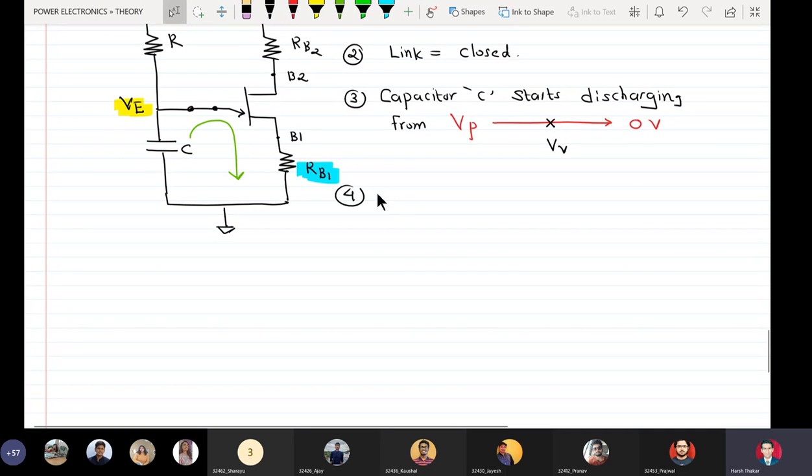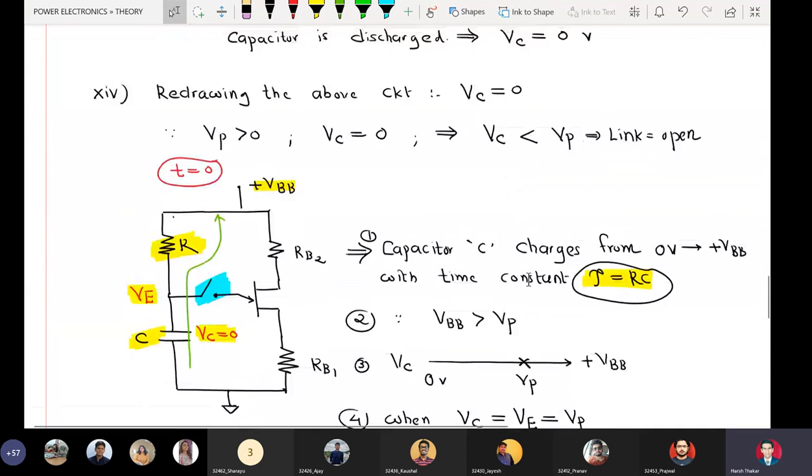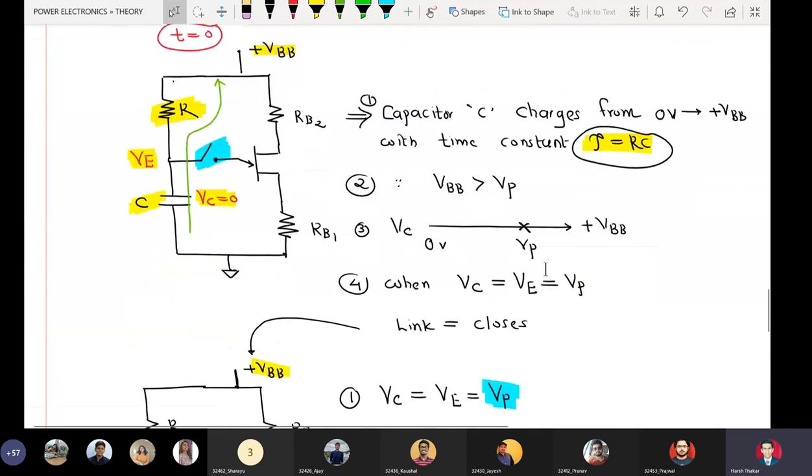So fourth, when the capacitor voltage becomes equal to the valley point voltage, the link again opens. And you know that when the link opens, the capacitor starts charging again.